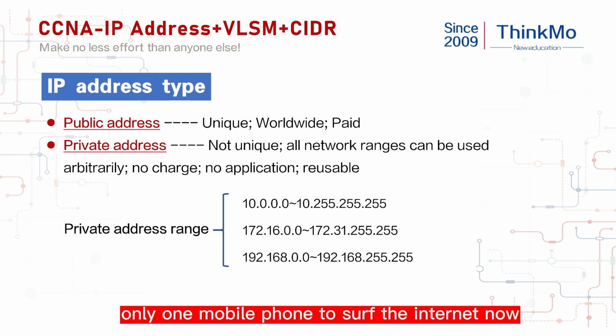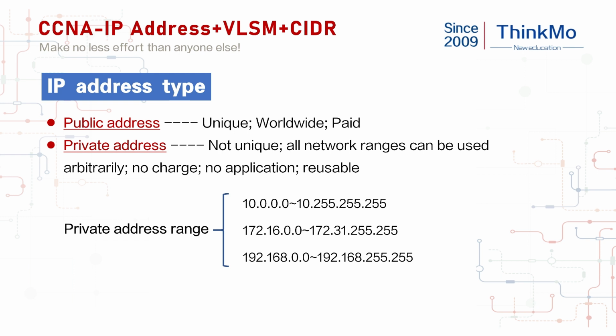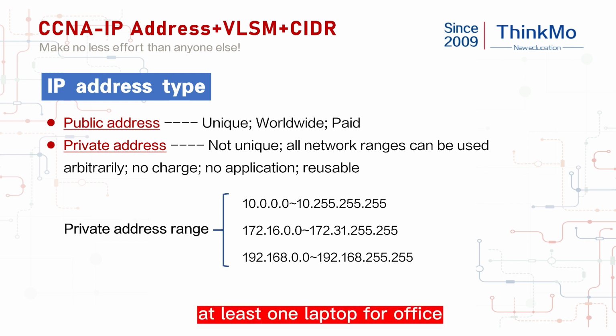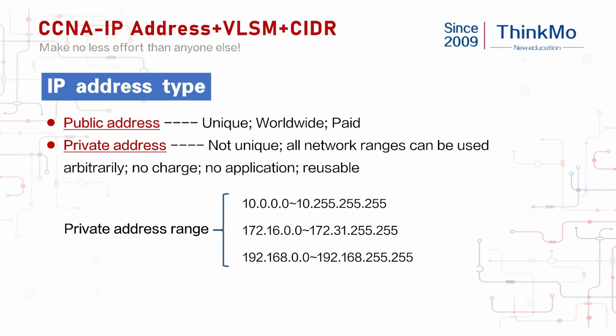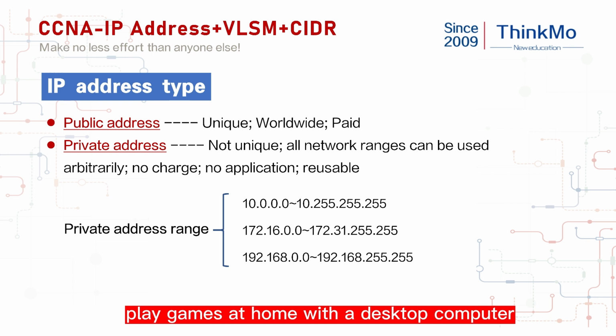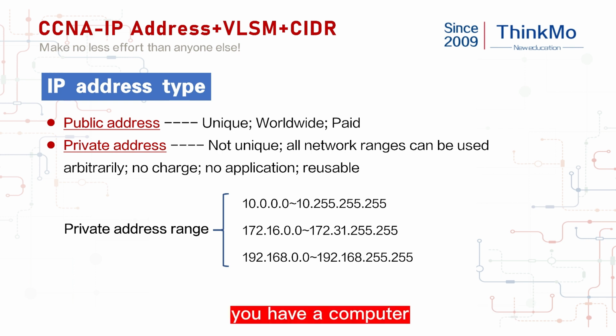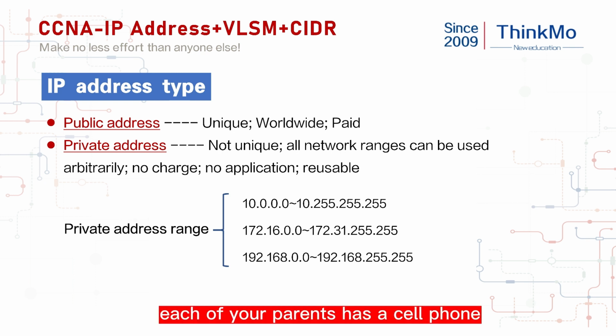We don't have only one mobile phone to surf the internet now. Generally, at work there is at least one laptop for the office, and at home you play games with a desktop computer. You have a computer, a cell phone, and a tablet. Each of your parents has a cell phone.